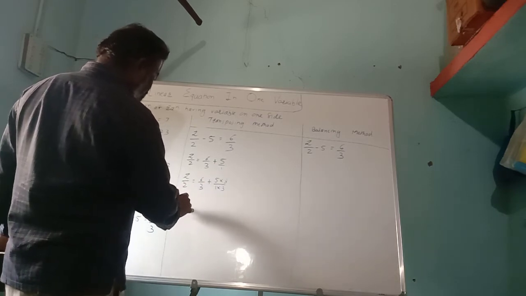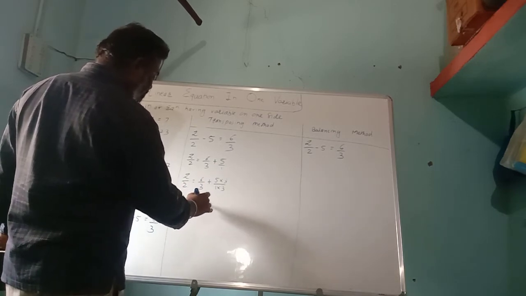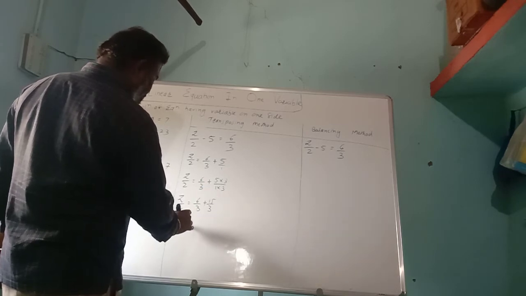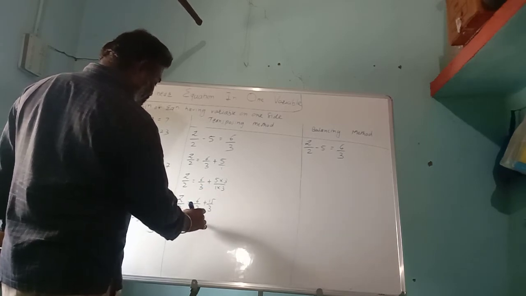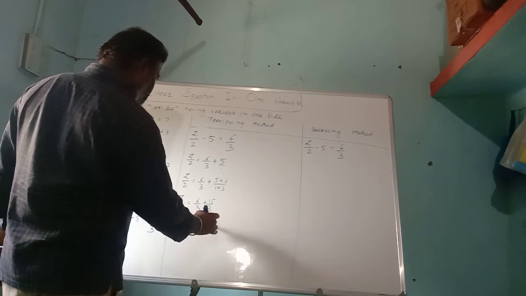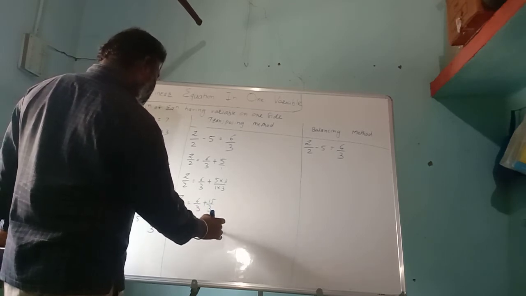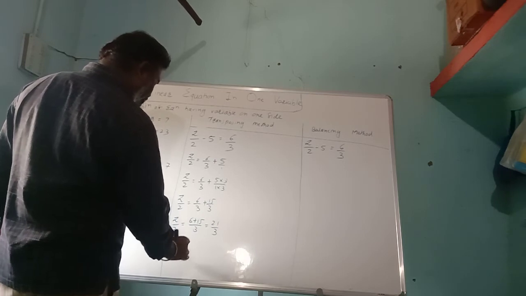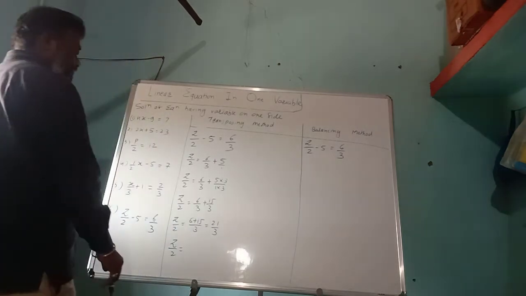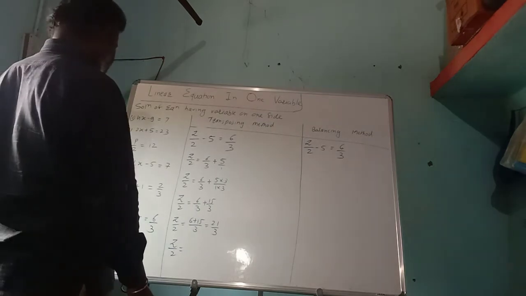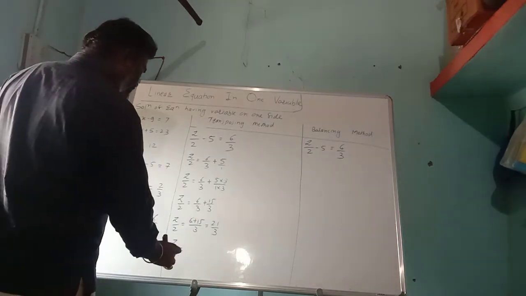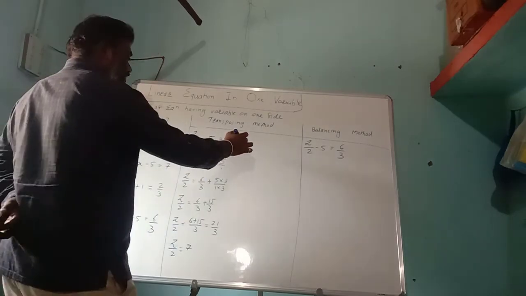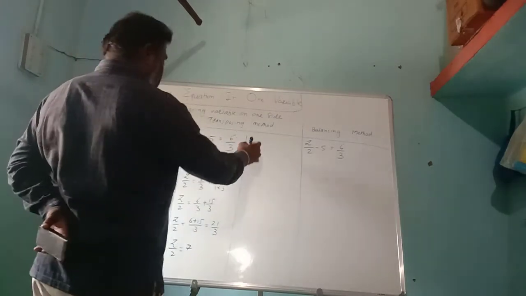z by 2 equal to 6 by 3 plus 15 by 3. Hence z by 2 equal to 6 plus 15 divided by 3, that is 21 by 3. 21 by 3 is nothing but 7. z by 2 equals 7.